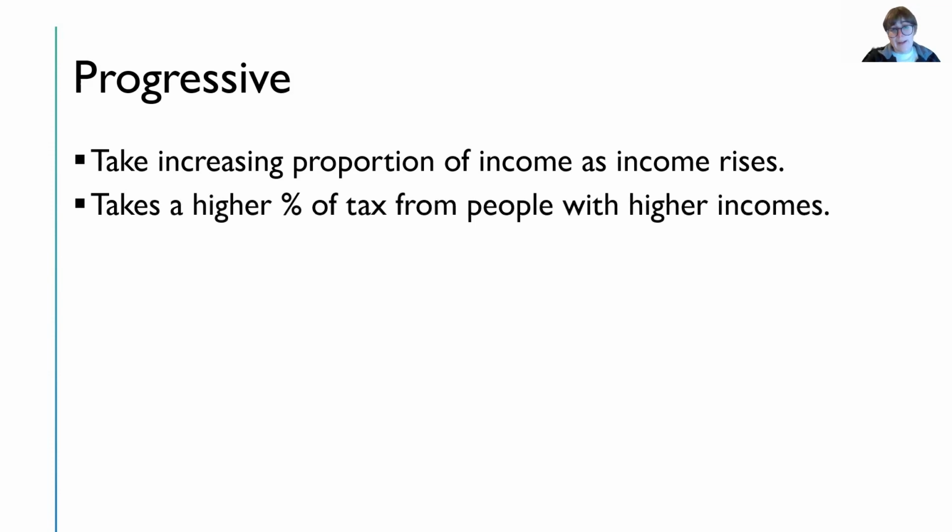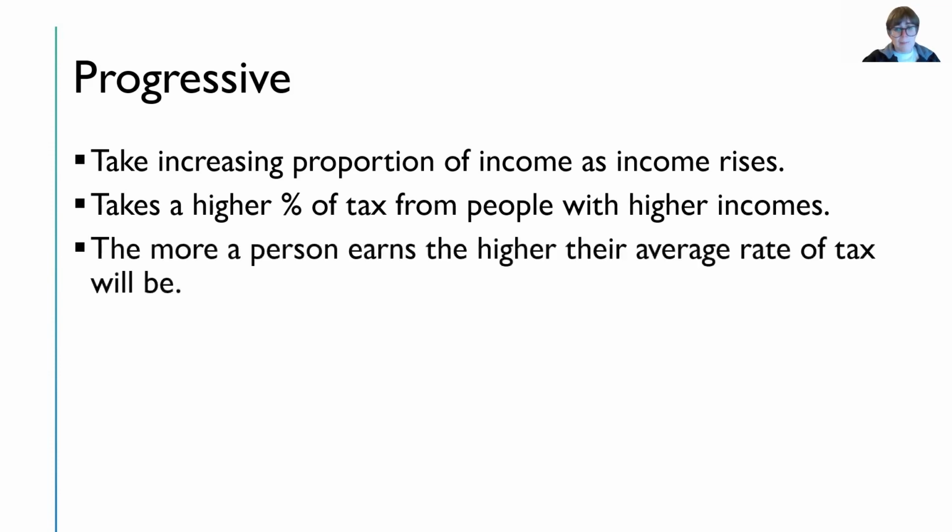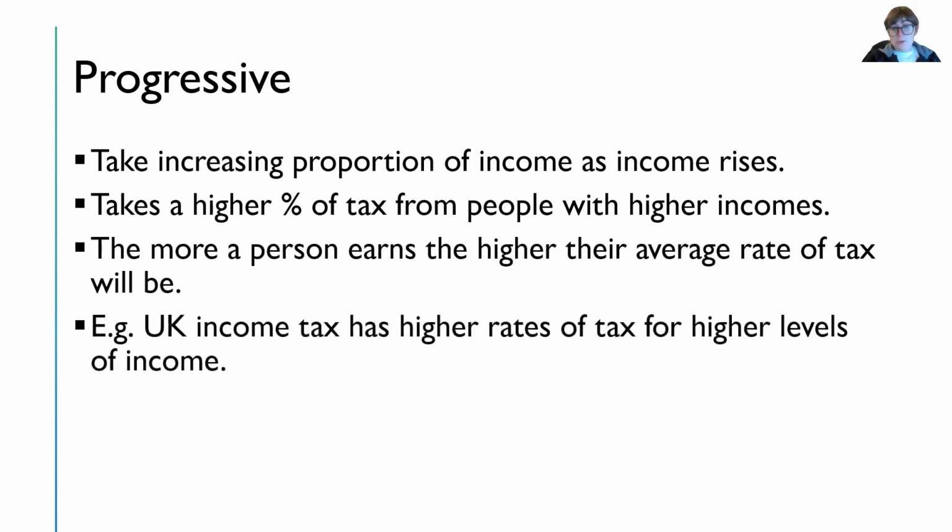Ultimately, the people who are on higher incomes are going to be paying a higher percentage of tax. So the more a person earns, the higher their average rate of tax is going to be. An example is that in the UK, income tax is a progressive tax. The more money you earn, the more tax you will pay.